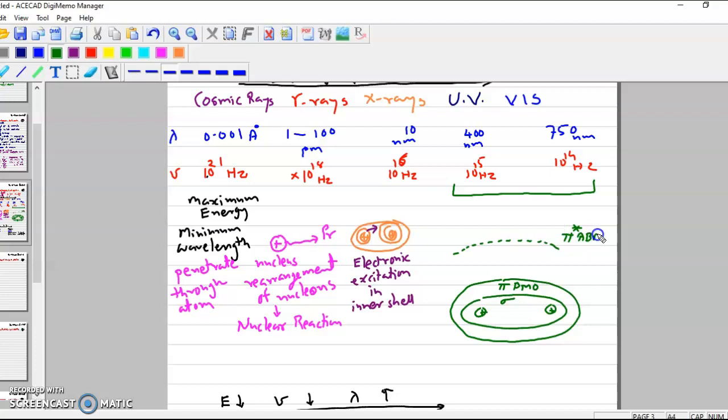So if there is a pi bond in the molecule, there will be a pi star ABMO orbital, which is in fact empty. But the moment the molecule absorbs UV radiation, electrons from the pi orbital transit to the pi star orbital.